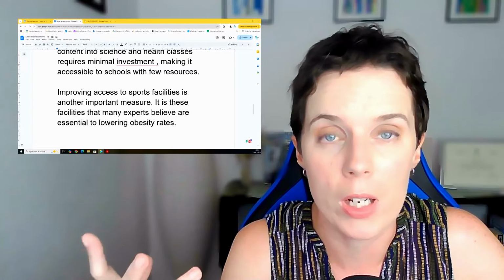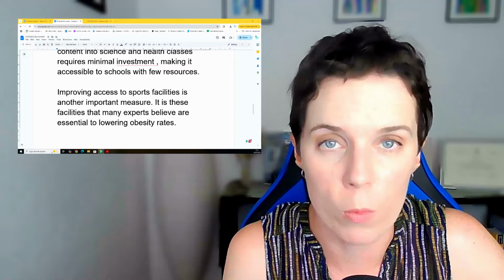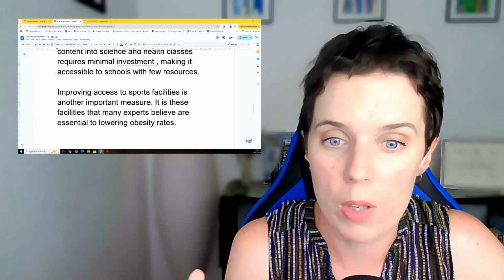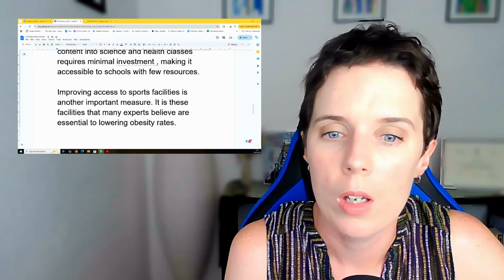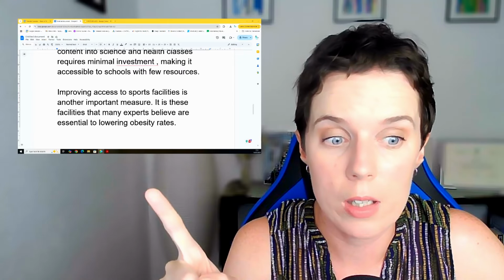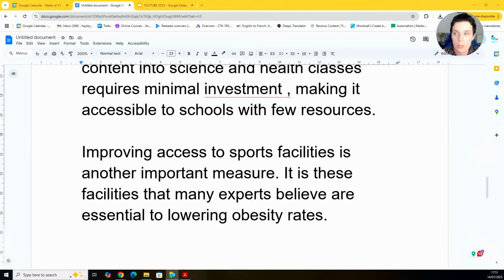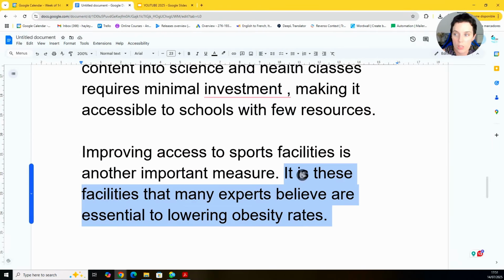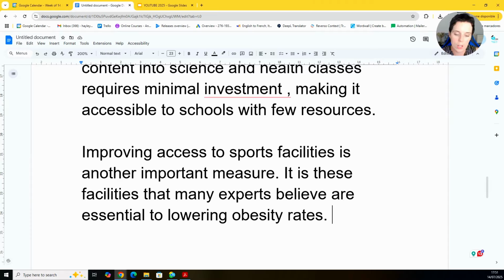You need to find synonyms or different ways to say the same thing. Okay, so I've got a cleft sentence in here, so again, I'll get more points for that, because they're expecting to see, you know, it is that, that's a cleft sentence. Examiners are expecting to see these in your essay.